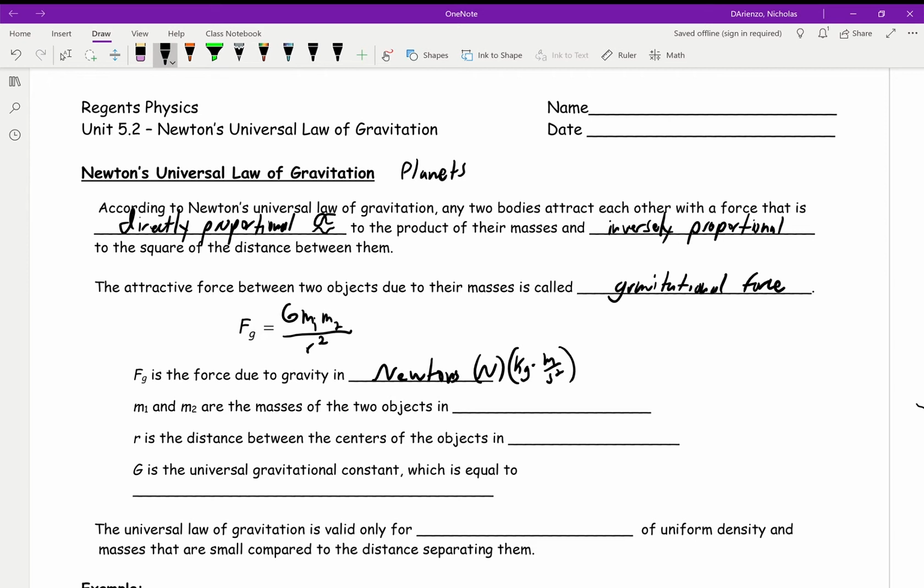M1 and M2 are going to be masses of the two objects that we're talking about and how they're going to be attracting to each other. And mass is always measured in kilograms. It's our standard unit, kg. R being the distance between the centers of the objects in meters. So that's going to be the distance between the centers of the objects.